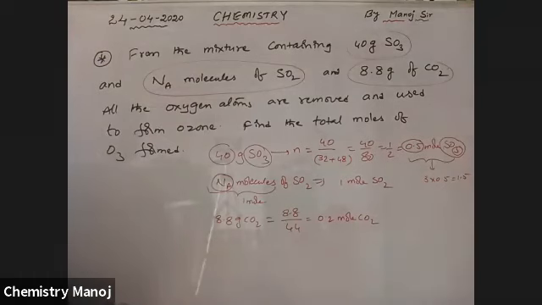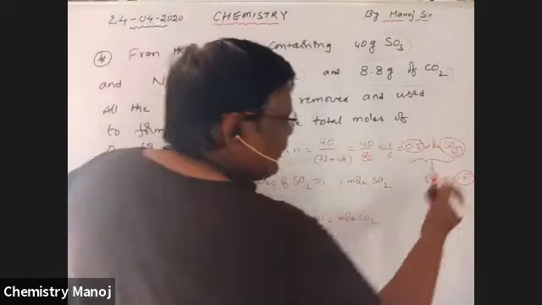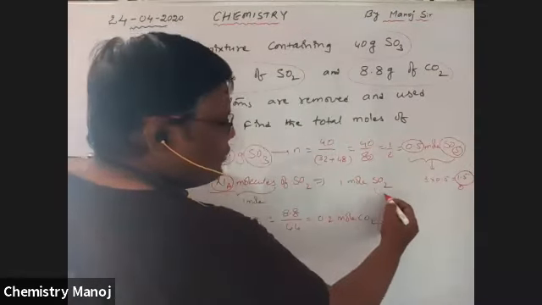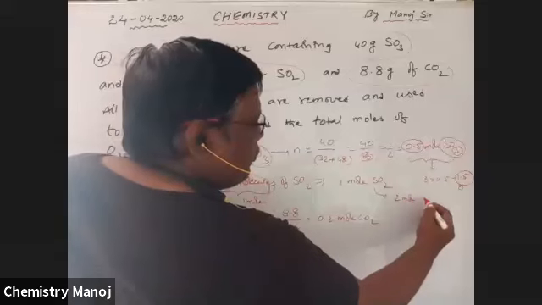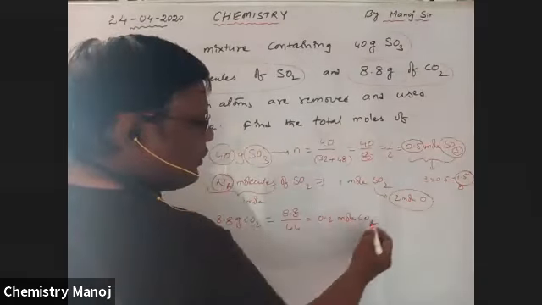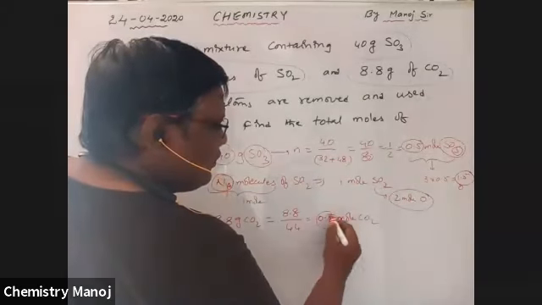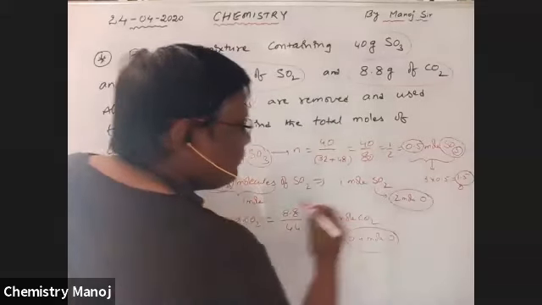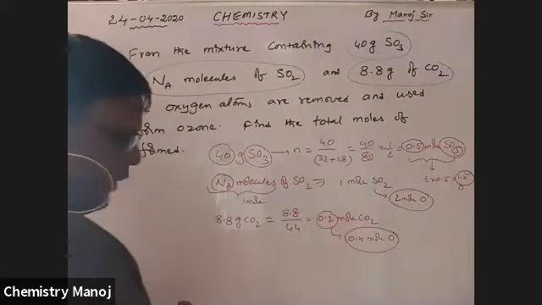That is 1.5 moles of oxygen. Next, for SO2: 1 mole SO2 contains 2 moles oxygen. Here 0.2 moles CO2 means 0.4 mole oxygen.